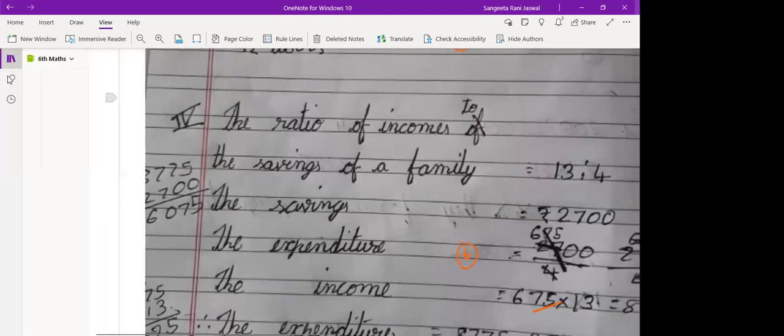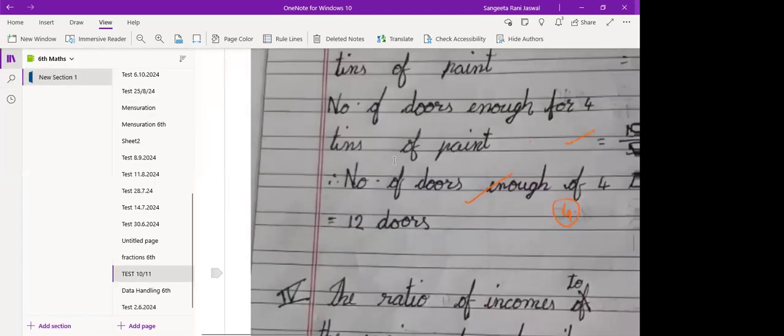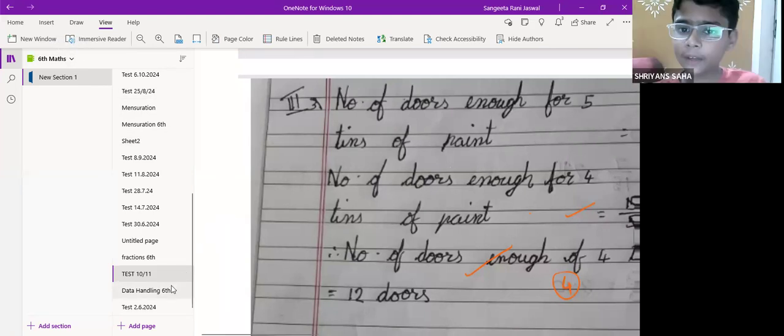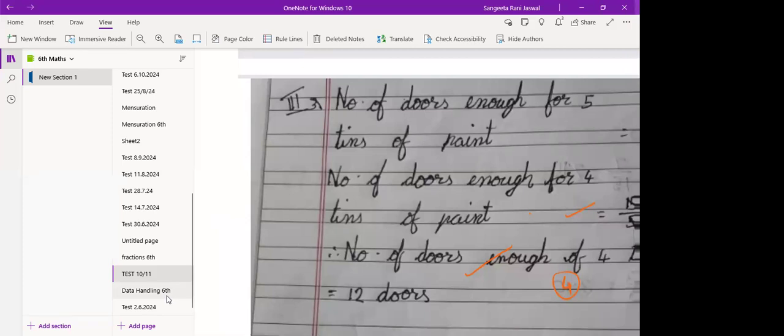And Shreyansh, your paper is not here because you had sent the paper on WhatsApp, right? So you are just given the marks. Next time when you send your paper on the Visa, you will also get to see your paper like this. And somebody, I think Harshit, you sent me the JPG file.